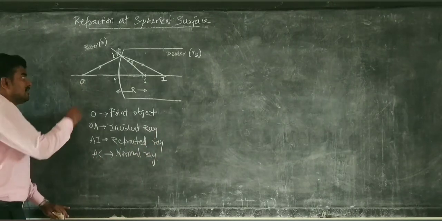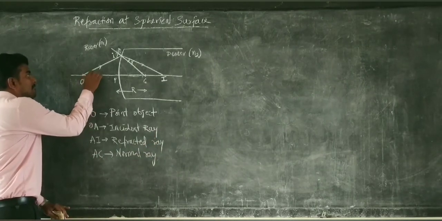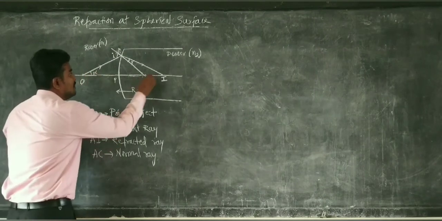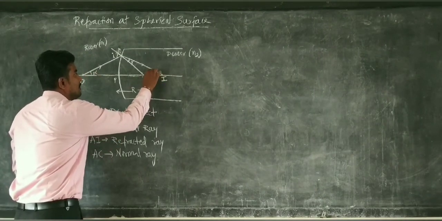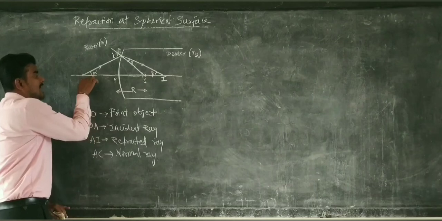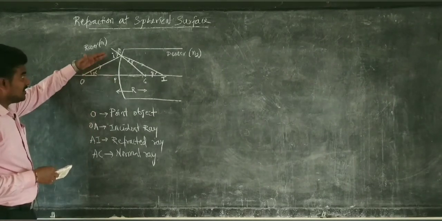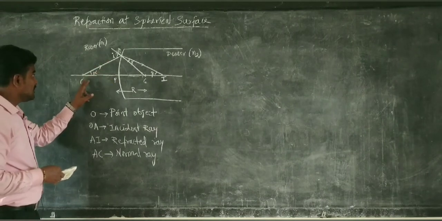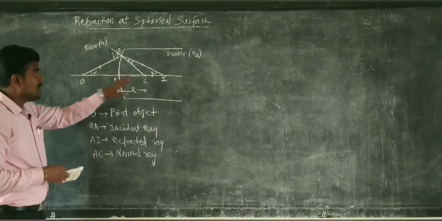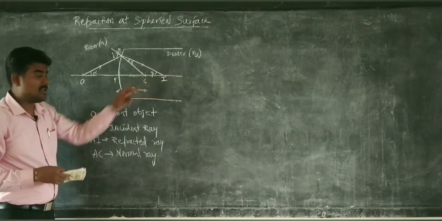For our convenience, let us take this as alpha and this as beta. See, alpha is the angle between the incident ray and the principal axis, since the object is a point object and the image is also a point image, okay.